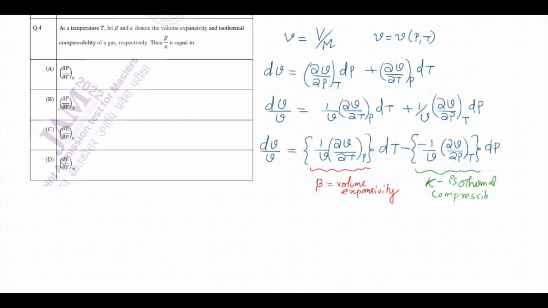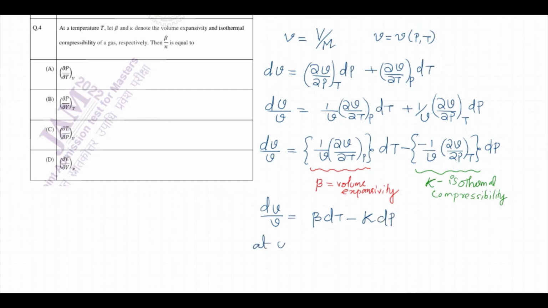So these are the definitions of beta and K. Therefore, I can write dv by v is equal to beta dT minus K dP.